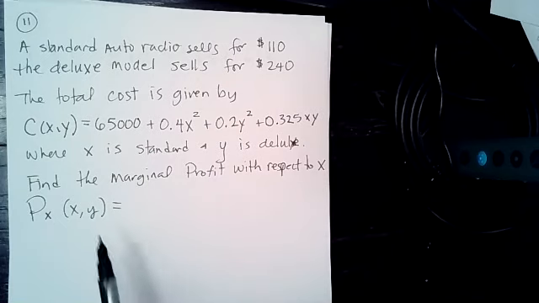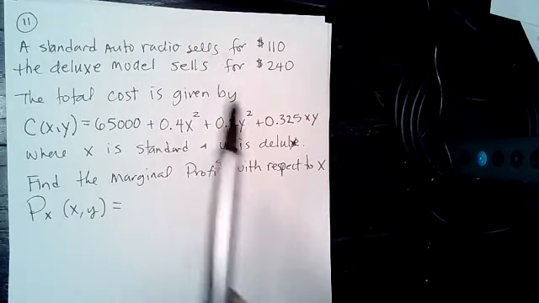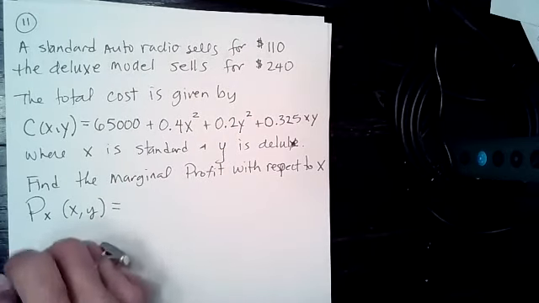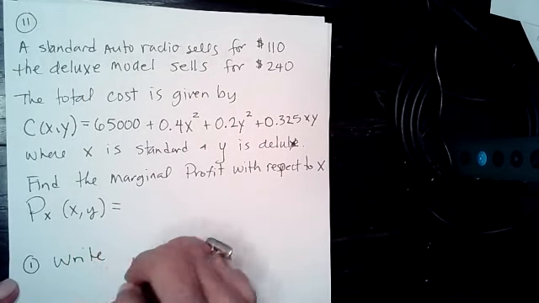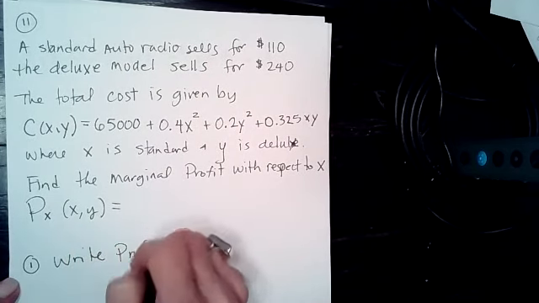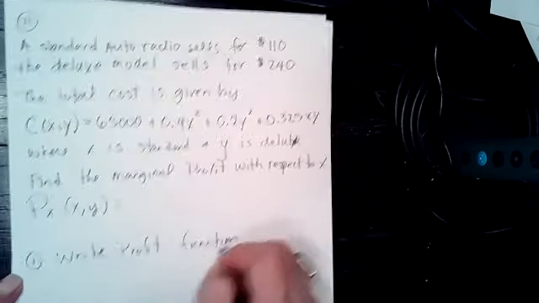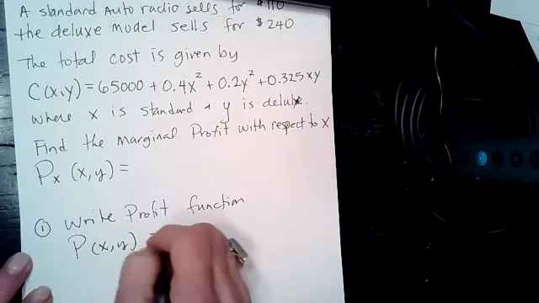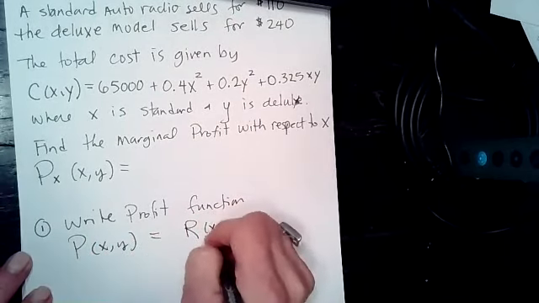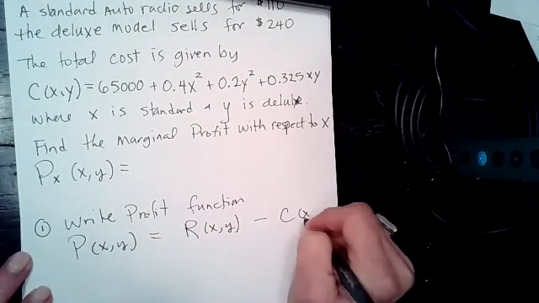All right, so if I want to take the derivative of profit, I've got to have a profit function, okay. So the first thing I'm going to do is write my profit function, and we know what profit is. What is it? The profit function is what? The revenue function minus the cost function, right?